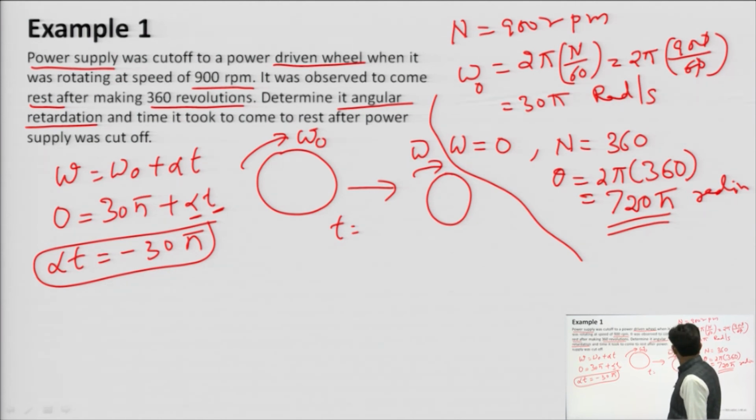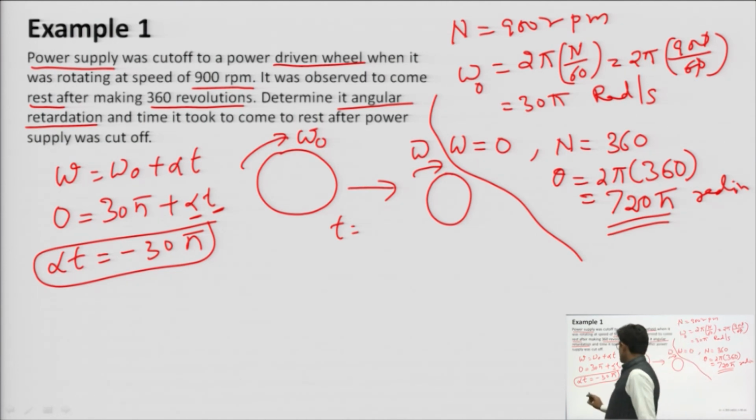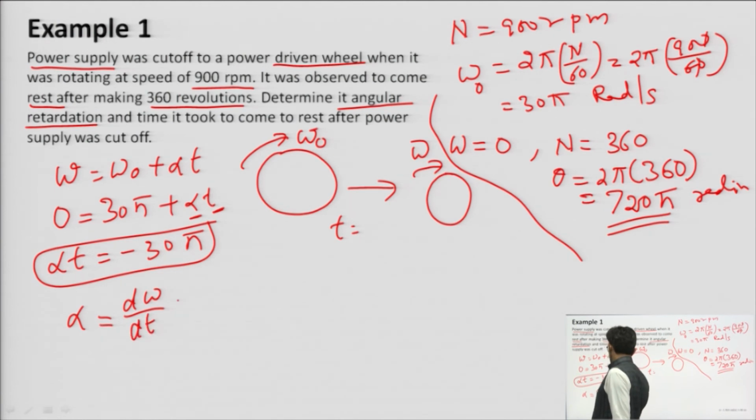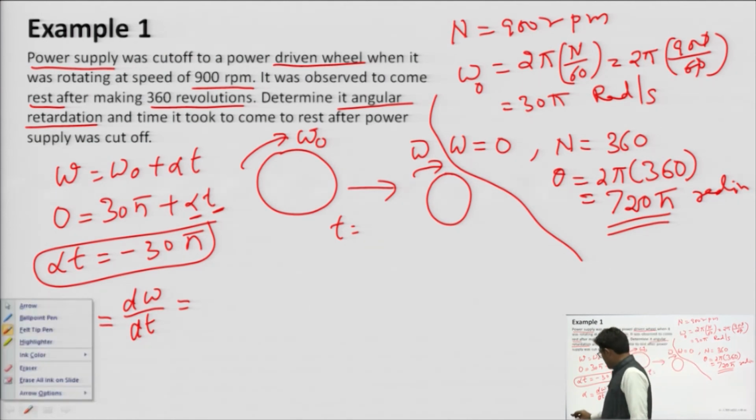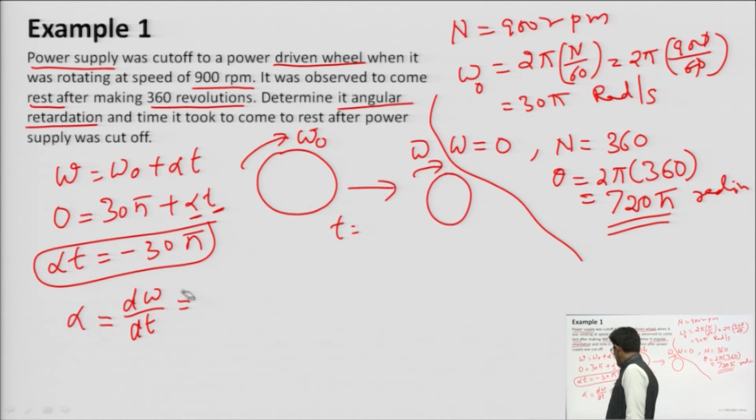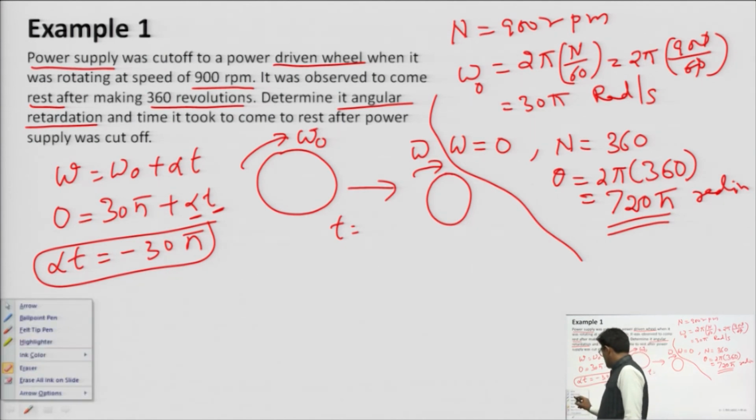Alpha is equal to d omega by dt, okay. But displacement is given, so we will have one more equation, which one?